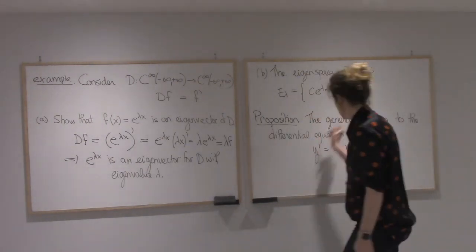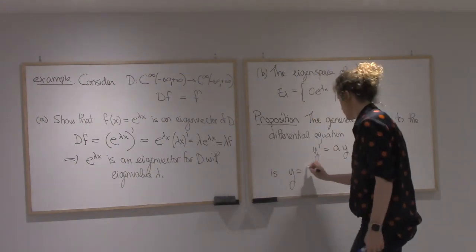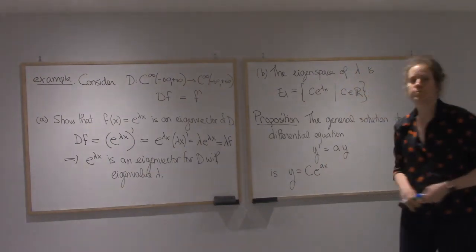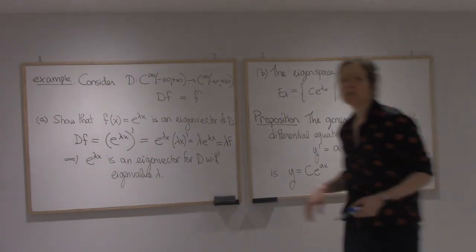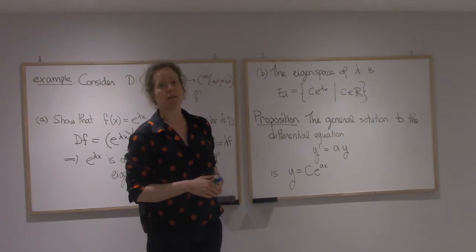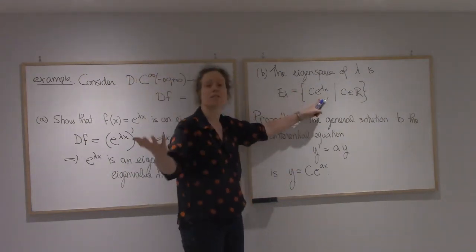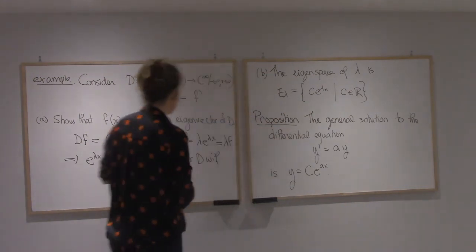So the general solution is y equals c e to the a x. All right, so this statement here, this proposition, it's saying exactly the same thing as part B here, right? The solutions for this look like this, or the eigenspace looks like this. Same question, just different language.